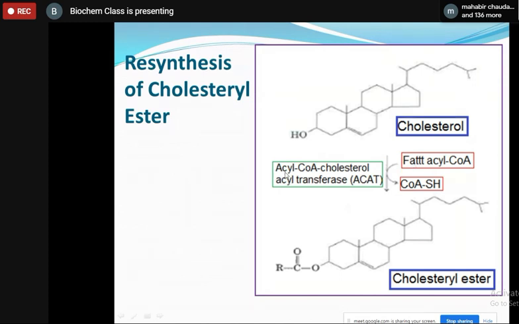The enzyme is acyl CoA cholesterol acyl transferase, and you get cholesterol ester. So similarly, phospholipids are also regenerated from the absorbed lysophospholipids. So this way there is resynthesis of the lipids in the enterocytes.